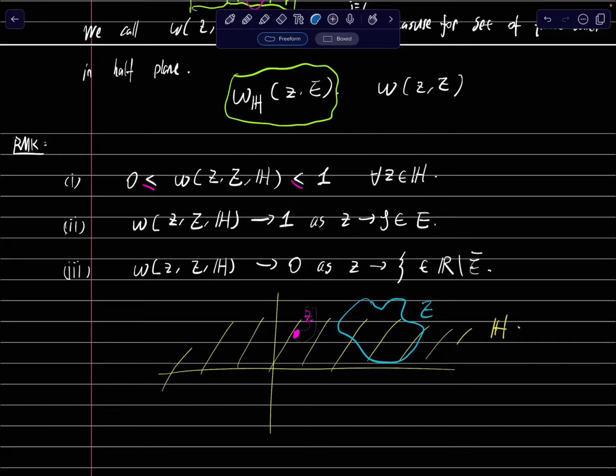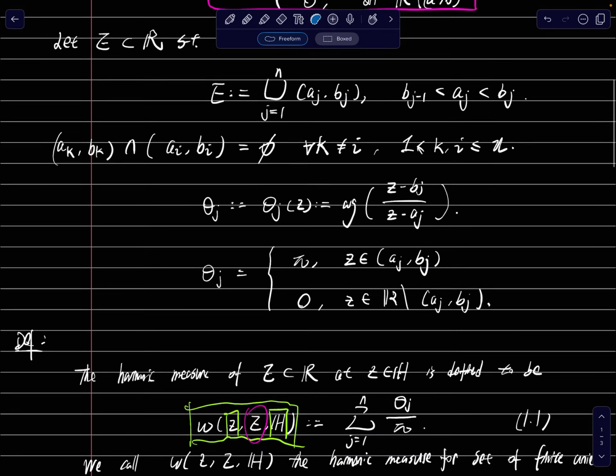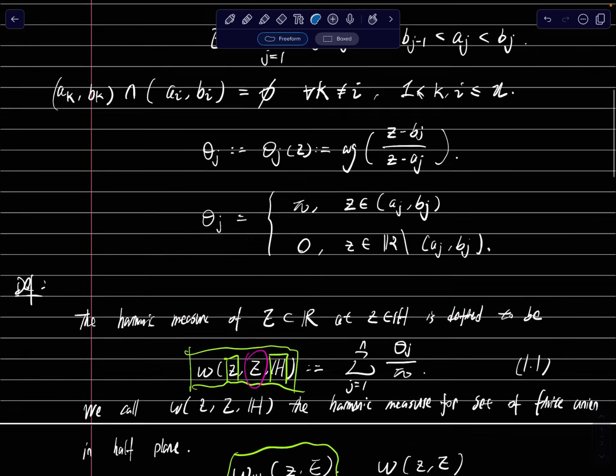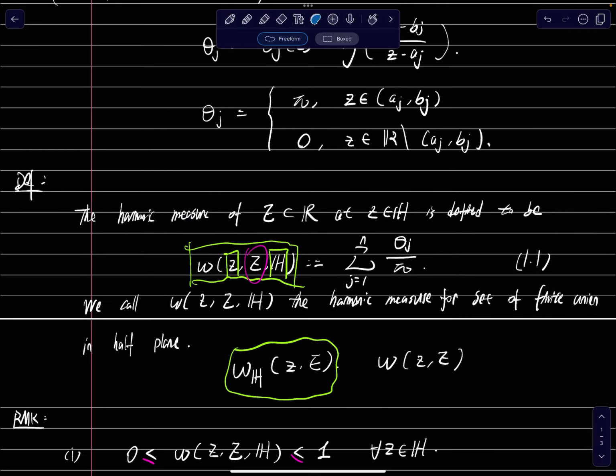So as this point z falls outside, then we know the value of this harmonic measure is 0, because by the definition of theta j, once it falls outside these intervals, hence the set E, then it has value 0. And then by equation 1.1, it will be nothing but a finite sum of 0, which is 0.